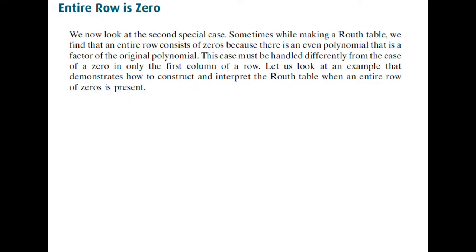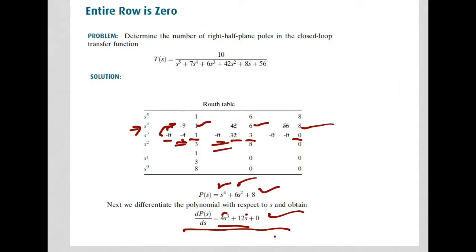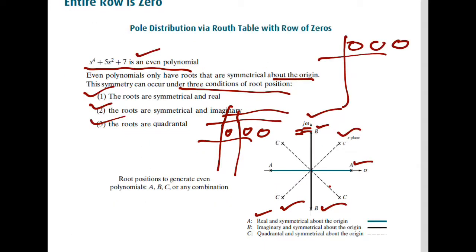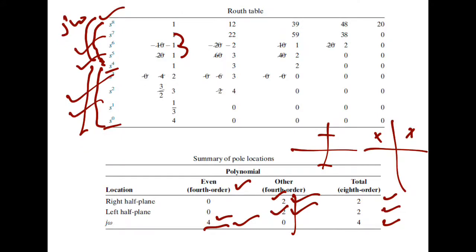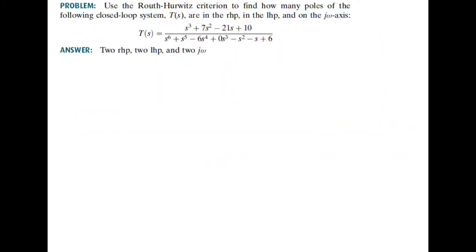Second, when the entire row is 0, the previous row is the even polynomial, and we draw the conclusion out of that. This is how all the cases are covered.